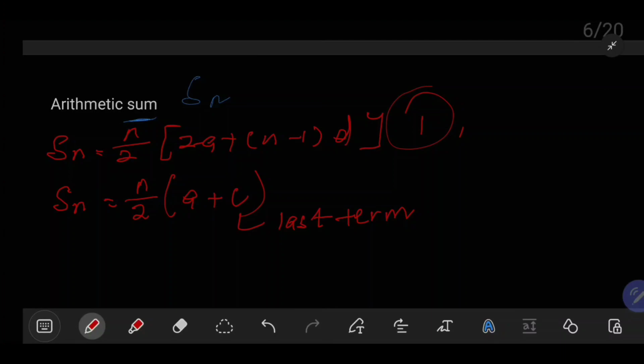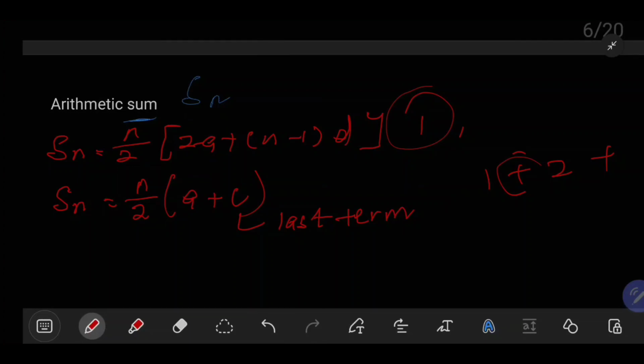So what exactly is the sum? When we talk of sum, we're talking of 1 plus 2 plus something. When we see an addition sign between terms, that means we're dealing with a sum.